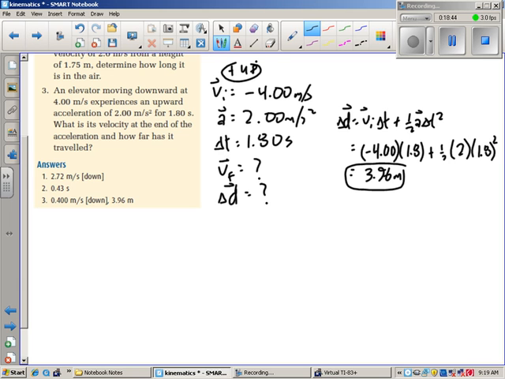What about VF? Yeah, that's what I saw right away as well. A is equal to delta V over delta T. Let's solve for delta V. The T goes up by multiplying A times T. It's 2.00 times the time of 1.80.